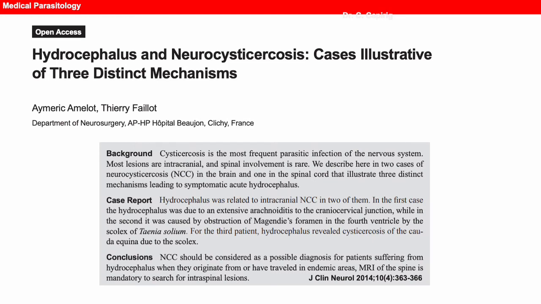If a parasite blocks the flow of cerebrospinal fluid in the brain, it can result in an obstructive type of hydrocephalus. So these cases are very good examples of space-occupying lesions that result in disease.